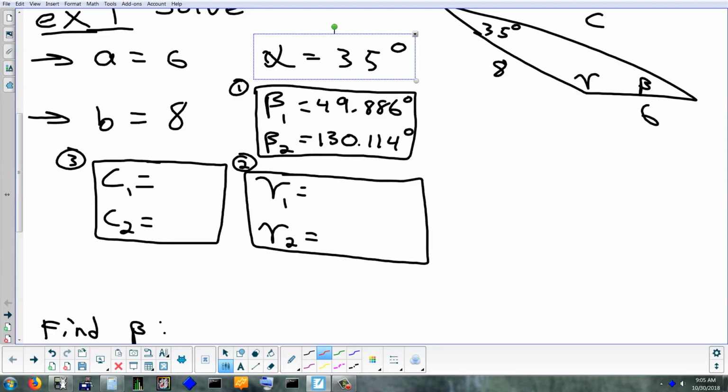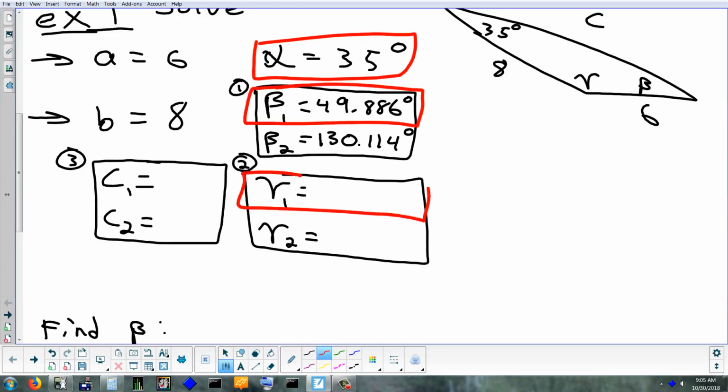All right, because these triangles that have two answers, they share these two sides and they share that angle. Those A and B are going to be in both, and alpha will be in both. Those are the only three things that they're going to have in common. The other three things are all going to be different. So alpha is going to be in the red triangle, beta 1 is in the red triangle, and gamma 1.